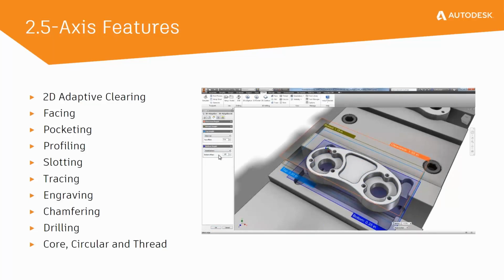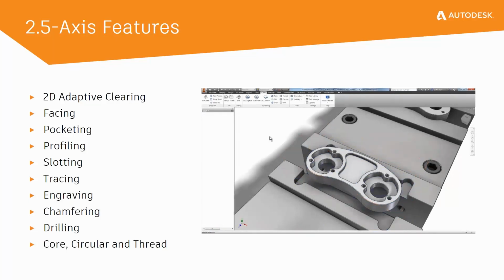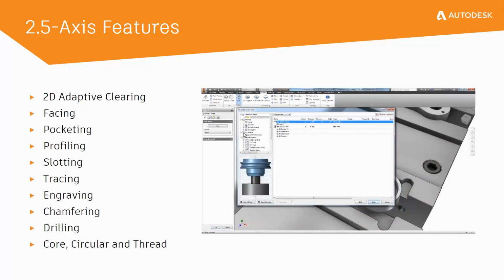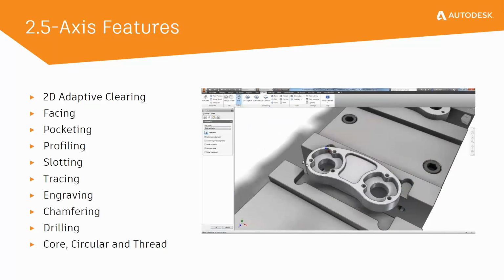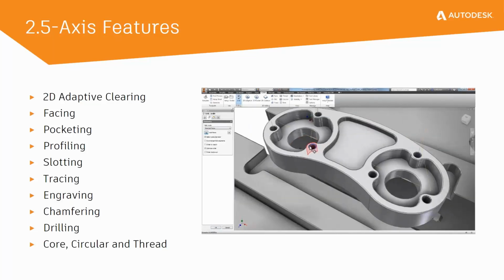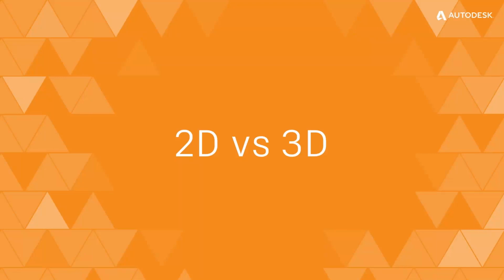But the reality is that most customers are opting for the flexibility of using a CAM solution that enables you to do 3D milling operations. Now, why is it that you would pay for this technology when it's already available for free?